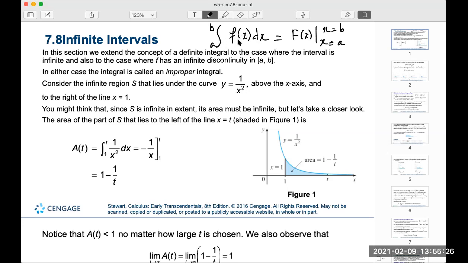And the integrand f(x), small f, and dx here imply that we're taking the integral with respect to the variable x. The result will be the antiderivative of the integrand f(x) evaluated from the lower limit to the upper limit. A definite integral will give us the area under the curve of the integrand f(x). It is simply a number.